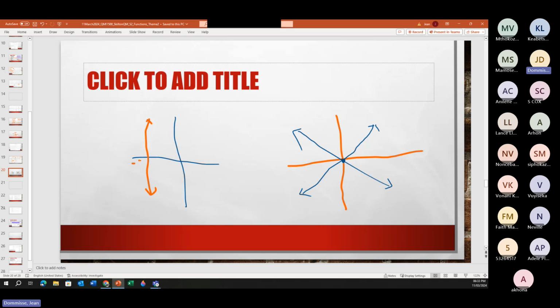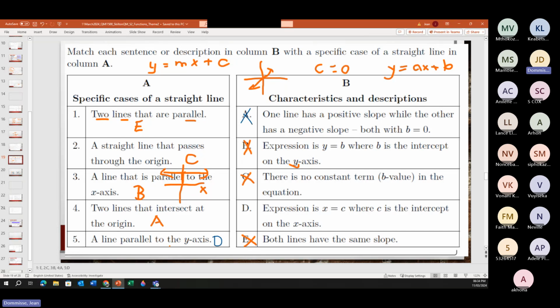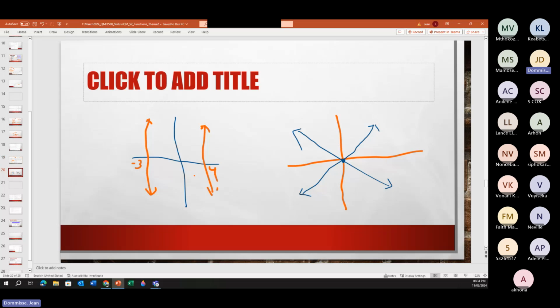It can go through x that is negative, or it could go through x that is positive. So they tell us a line parallel to the y-axis, the expression is x is equal to c, where c is the intercept on the x-axis. And there you can see that c will be the intercept on the x-axis.